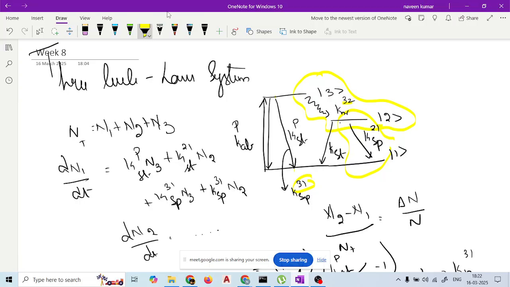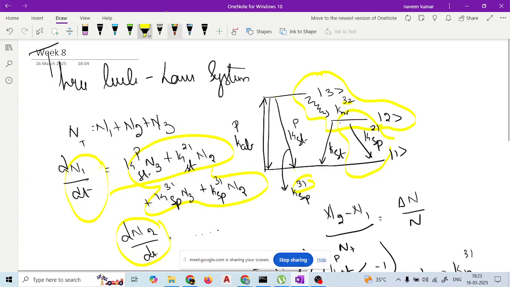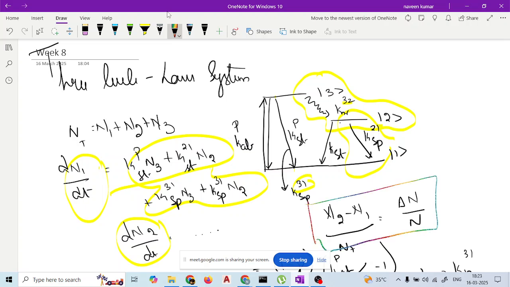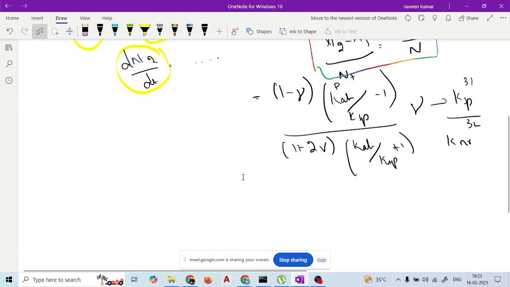At the end we have to see the transitions. We use the total population N as N1, N2 and N3. The rate of transition can be described as dN1 divided by dt, and this is what exactly happens in each phenomenon; the same goes for dN2 divided by dt. Ultimately, whether we will be able to achieve the population inversion or not is the question.